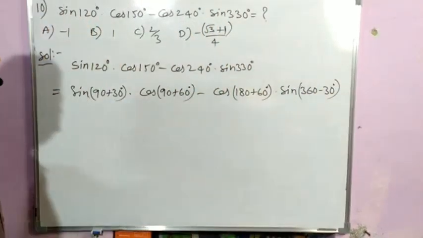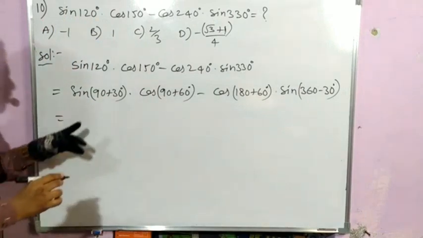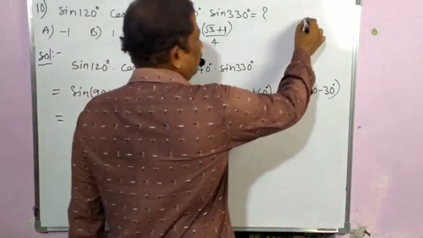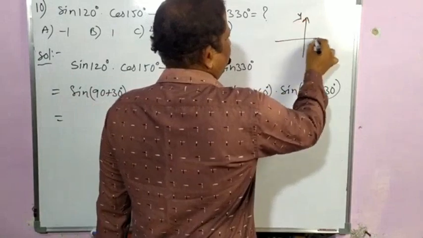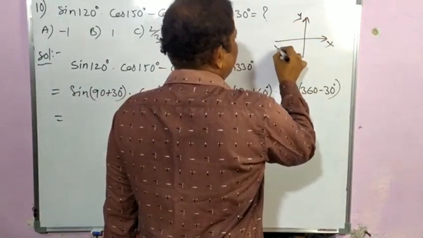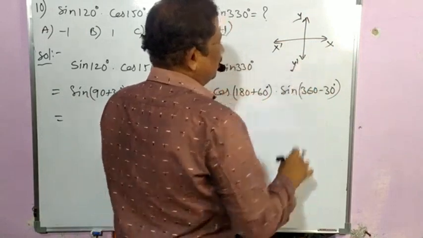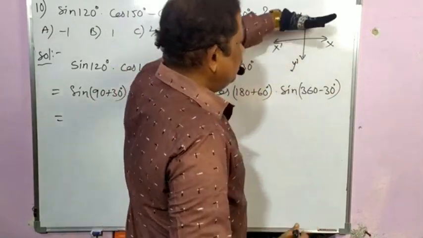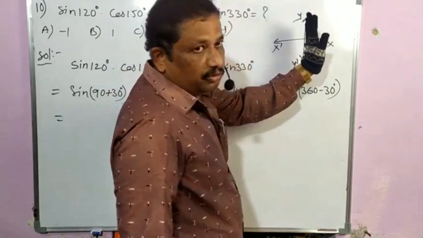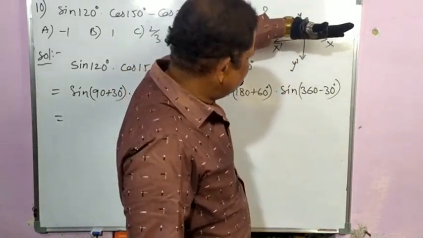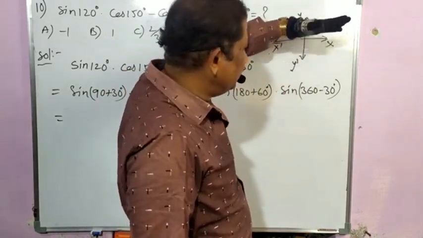Now carefully observe. Whenever you get 90 or 270, it operates on the y-axis. With 0, 180 or 360, it operates on the x-axis.